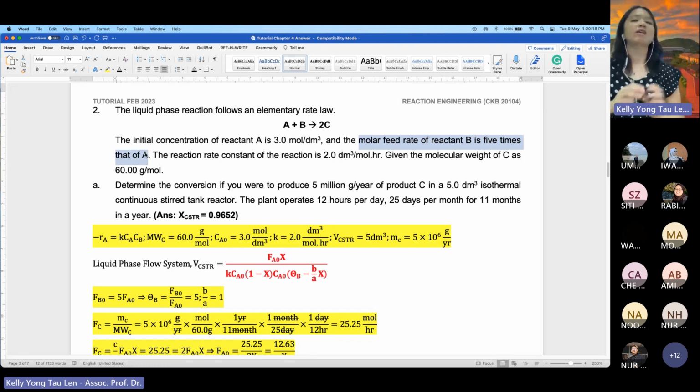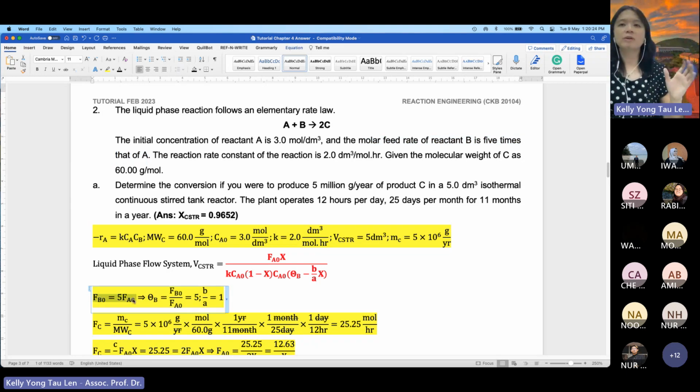So means kalau kita nak express dalam bentuk pengiraan, FB naught equals to 5 FA naught. So dia kata molar feed rate B is 5 times that of A. Molar flow rate B bersamaan dengan 5 kali ganda molar flow rate A. So FB naught sama dengan 5 FA naught.